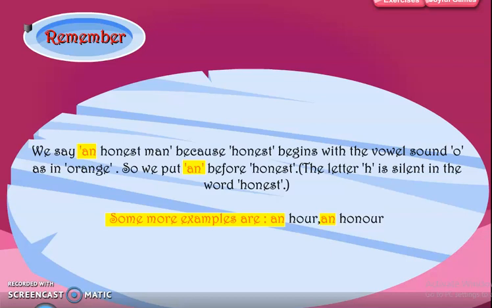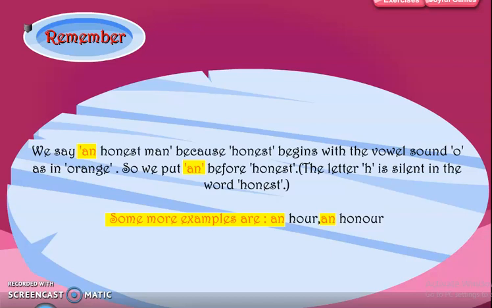Now here also we have the spelling honest, but the pronunciation will be onest, it's not honest. तो h साउंड से स्टार्ट नहीं होता, इसका कॉन्सोनेंट साउंड नहीं है, इसका साउंड वॉवल है. एंड ऑनेस्ट, o साउंड है. So we will put an. And more examples are hour and honor.